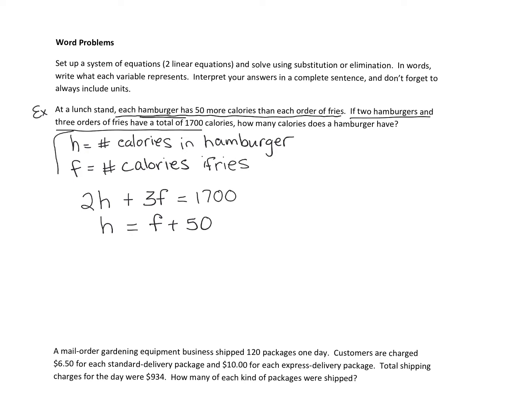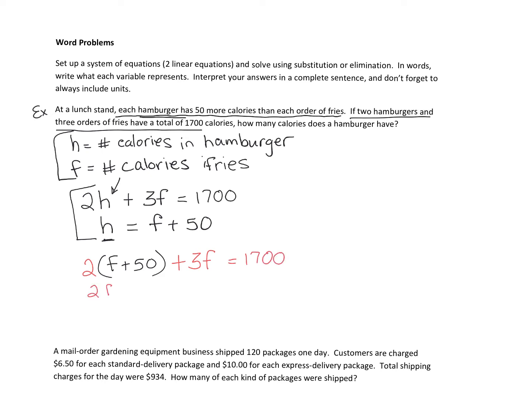So we've identified our variables, we've written our 2 equations, and this one is perfectly set up for substitution. So I'm going to use this H equals F plus 50, and I will plug it in right here. So we've got 2 times F plus 50 plus 3F equals 1,700.